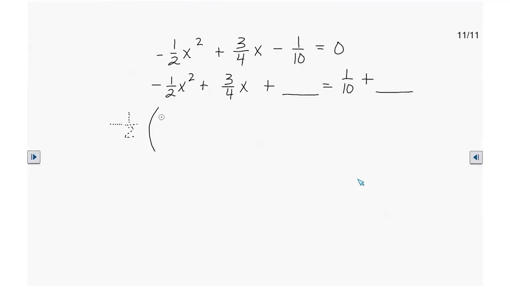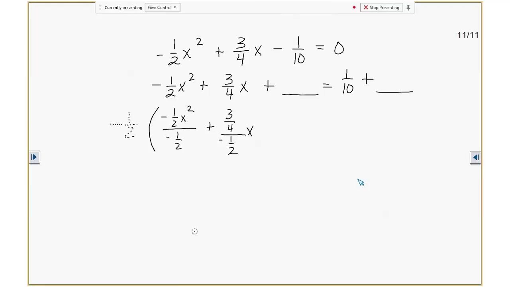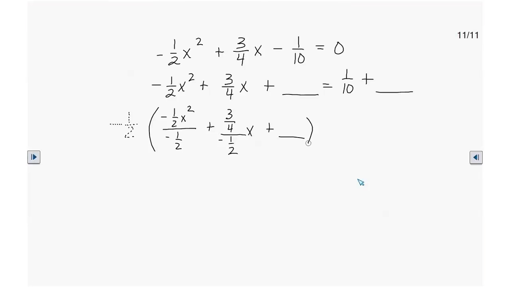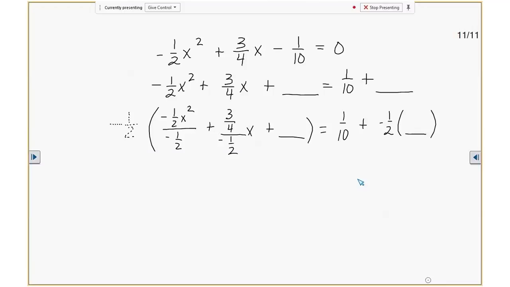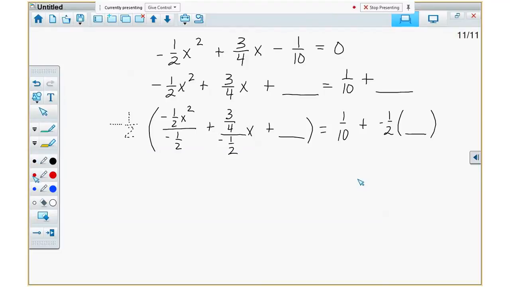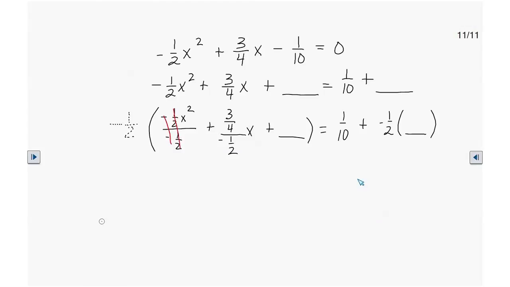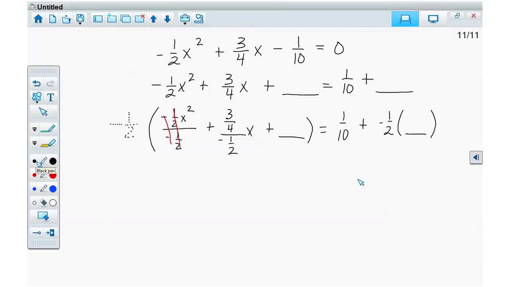So, -1/2 x squared divided by -1/2 plus 3/4 divided by -1/2 plus blank is equal to 1/10 plus -1/2 blank. Of course, this cancels and leaves you with 1, which is what it's supposed to do.